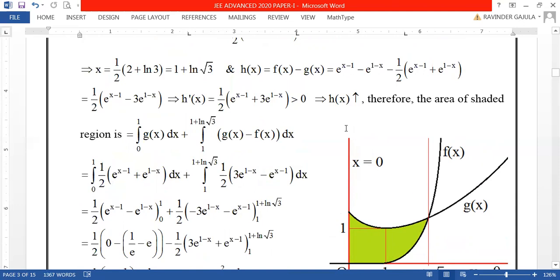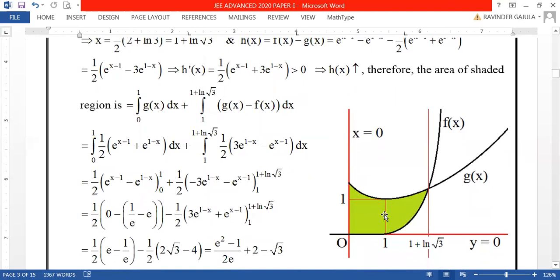Therefore, from all the study of f of x and g of x, the graph of g of x will be like this, graph of f of x will be like this, and this is the point of intersection at 1 plus log root 3.